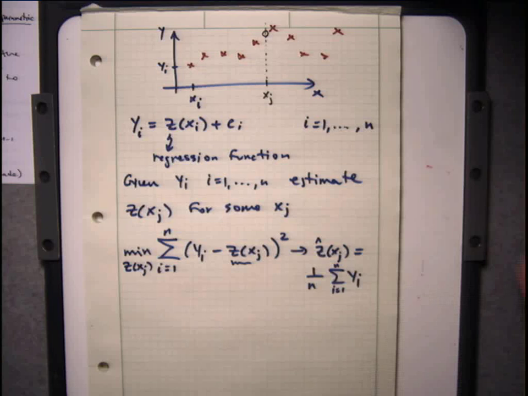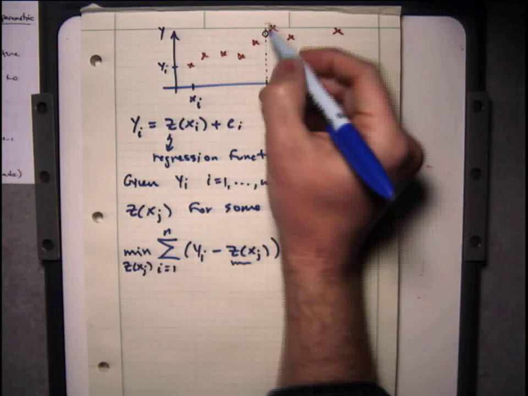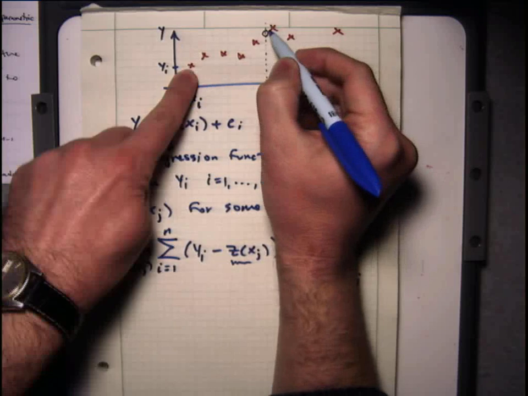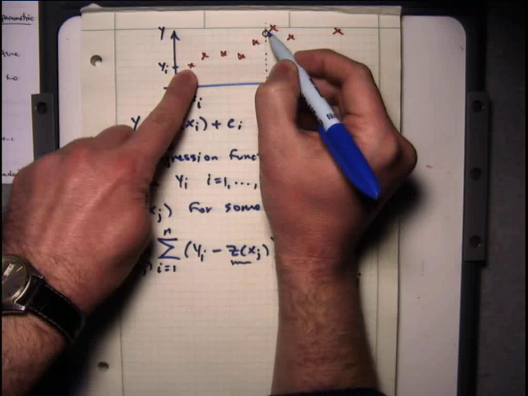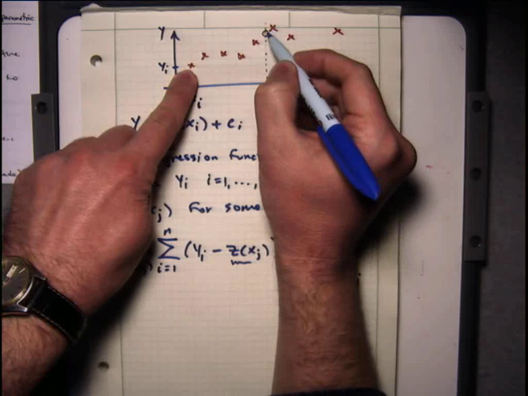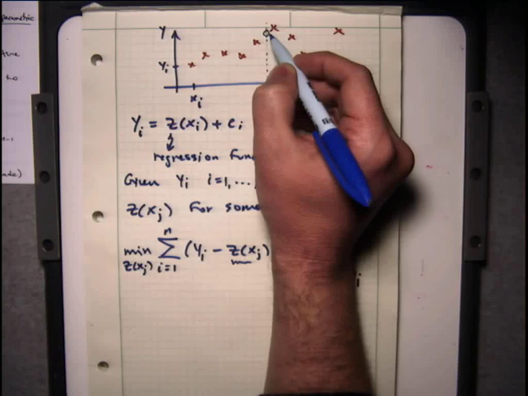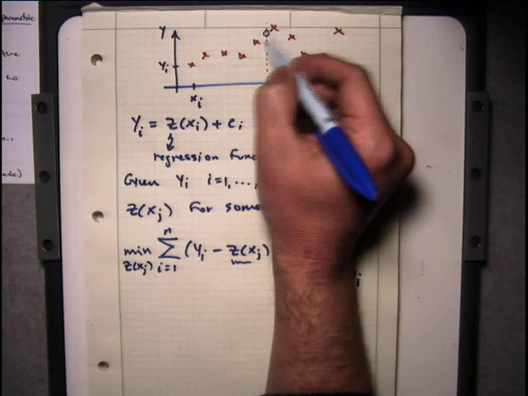But then we might think, if you're going to average, why give the same weight to all of your data? In other words, if I'm interested only in this data point, why should this data far away have the same amount of influence as this data point, which is right next to it? Okay? The data that's right next to it should have more influence, right?